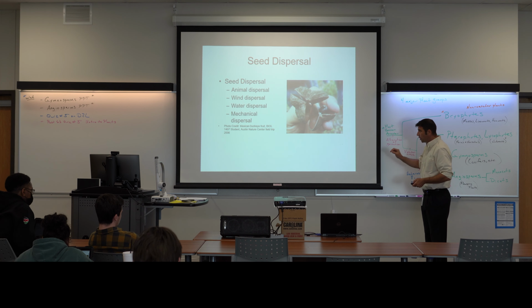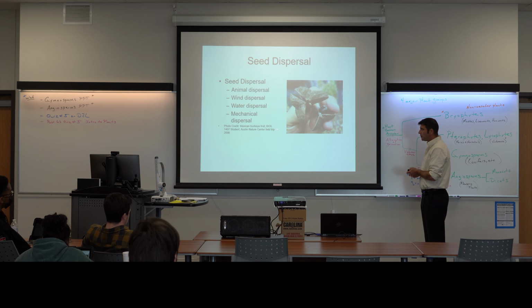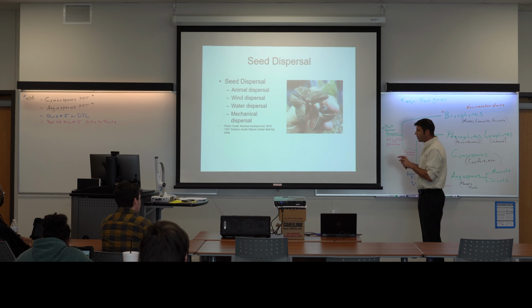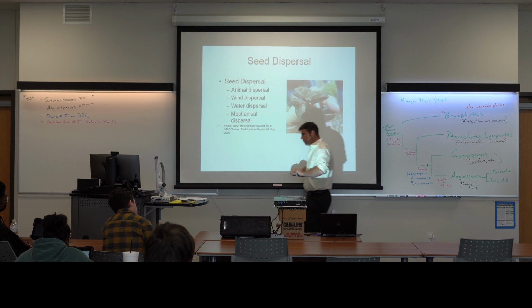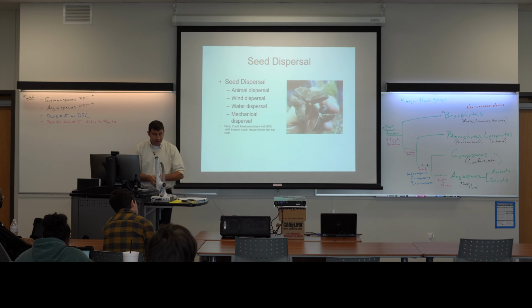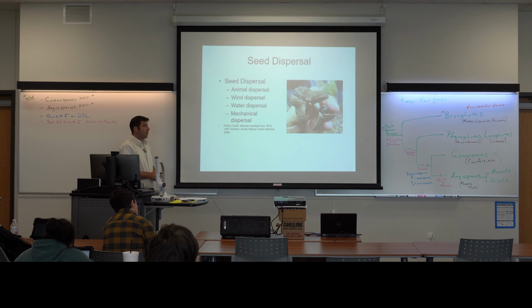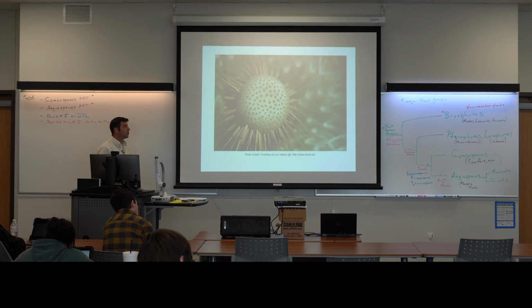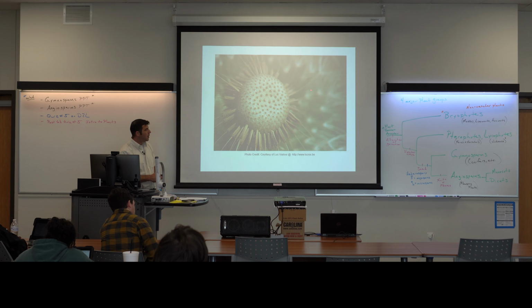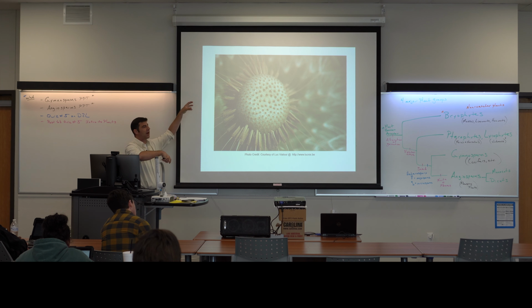All fruits are going to aid in the dispersal of their seeds. Some fruits aid in the dispersal of their seeds mechanically by ejecting them out into the environment. There are more common ways of seed dispersal, like water helping the seeds disperse. We'll see wind as well as animal dispersal. This is a dandelion picture. Dandelion seeds are right here, and they're attached to those little wispy structures that carry them by the wind.